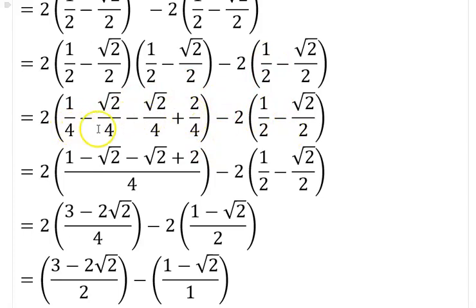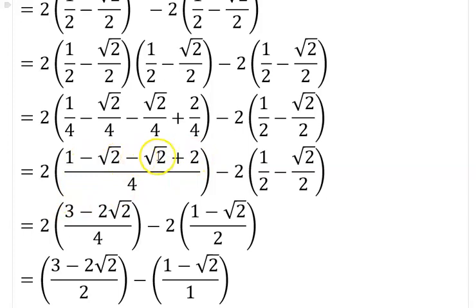So let's get the LCM. They are all 4. How many times will 4 go into 4? 1. 1 times 1. Minus, how many times will 4 go into 4? 1. 1 times root 2. Since the LCM and denominators are the same, just bring out all you have up here. So 1 plus 2 will give you 3.